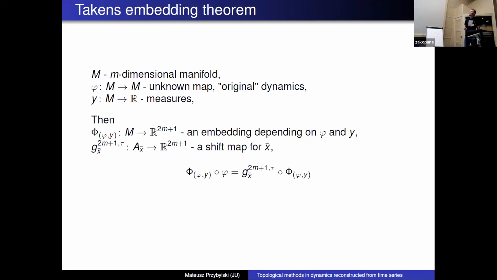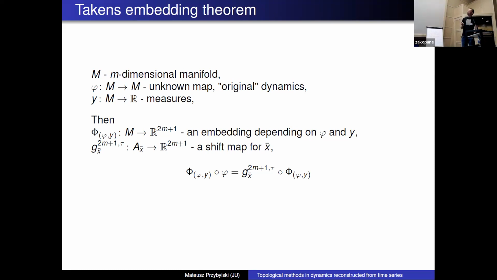And this is a quick recap of the Takens embedding theorem. We do not know the manifold. We do not know the embedding or the dimension of the manifold. We also don't know the original dynamics, this phi map here. We only know the measurements, the numbers we reconstructed given by this set.